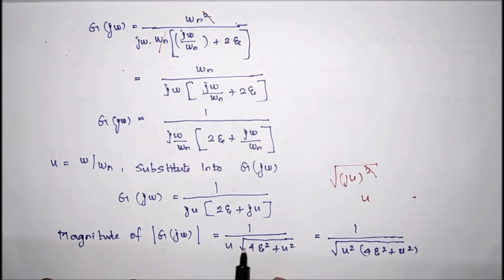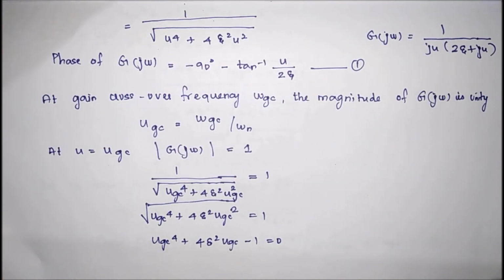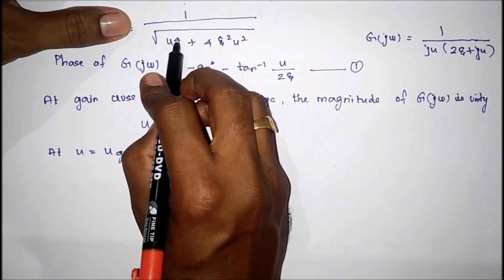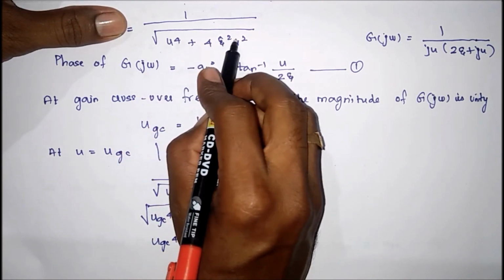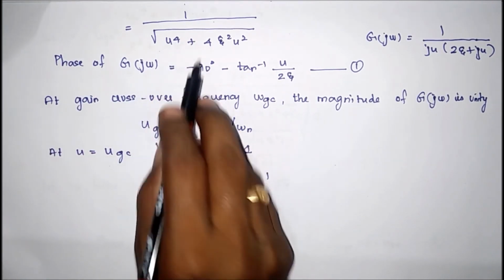Similarly, this is square root of real part square plus imaginary part square. For simplification we take this u inside the square root, it will become u square into the remaining terms. Then it will become 1 divided by square root of u power 4 plus 4 eta square u square. So now this is the magnitude.